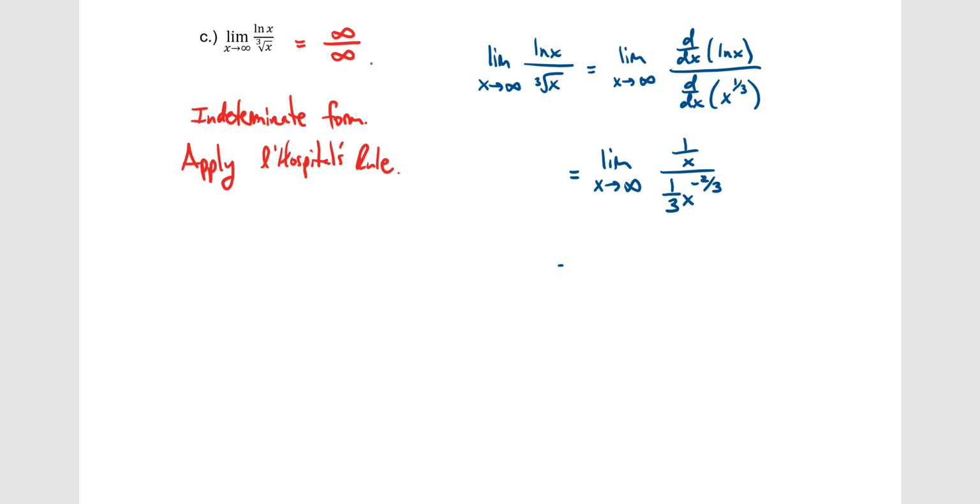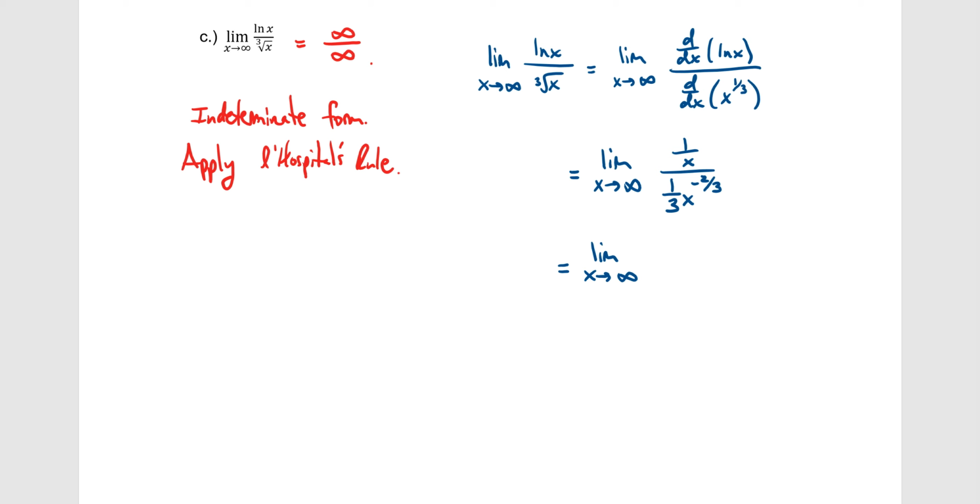And now before we do anything, we should rewrite this. Limit as x goes to infinity. And this would be 1 over 3 x times x. Or actually, the 3 would be in the numerator.